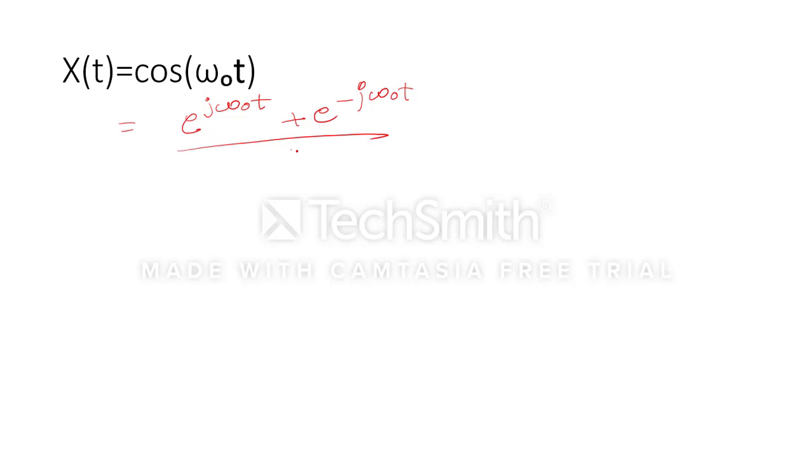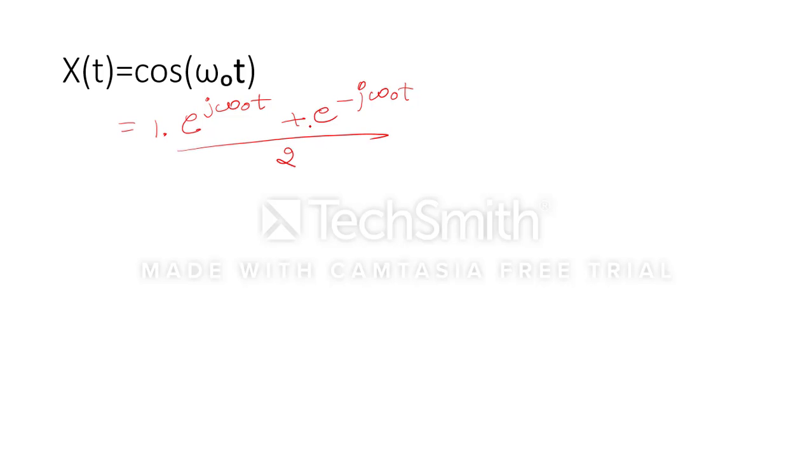If cos ω₀t is there, what we will do is change it into exponential function. It will become (e^(jω₀t) + e^(-jω₀t))/2.